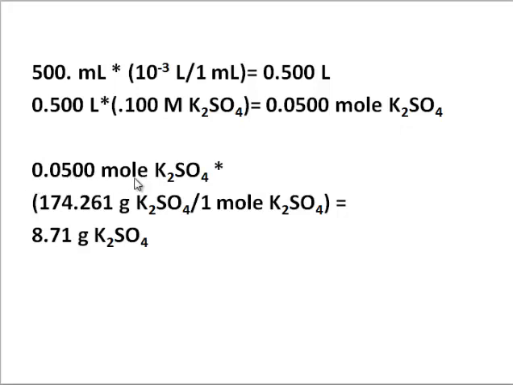And 0.05 moles of potassium sulfate can be multiplied by a conversion factor from moles to grams, molar mass in the numerator over moles in the denominator, to give us 8.71 grams of potassium sulfate. This example is essentially the same as the last one, except it is necessary to convert volume from milliliters to liters.